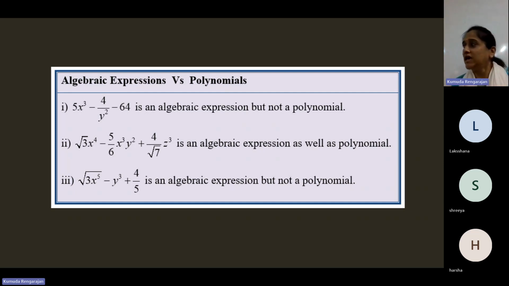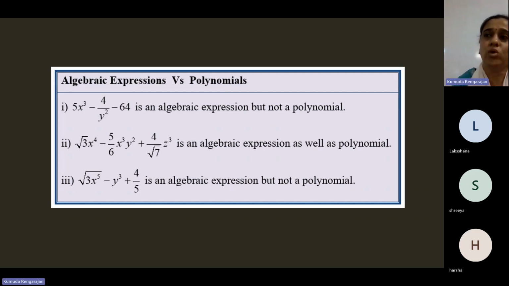Based on angles, if all the angles are acute, it is an acute angled triangle. If one angle is 90 degrees, right angled triangle. If one angle is obtuse, obtuse angled triangle. Above 90 degrees is obtuse.